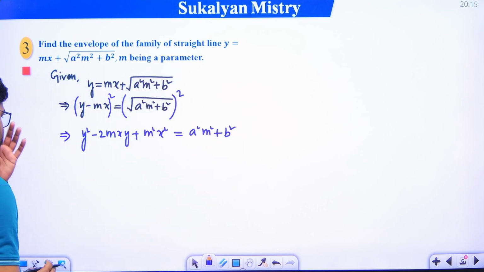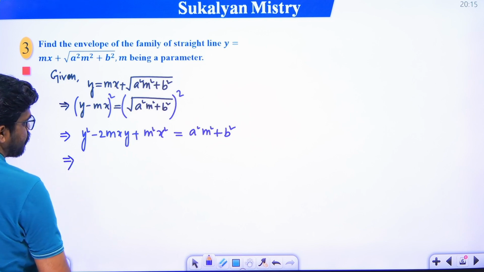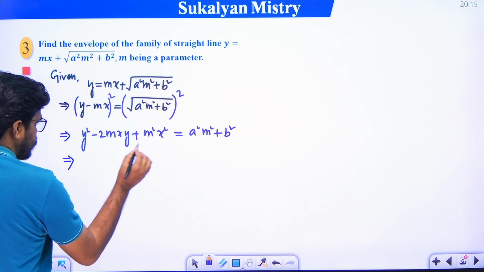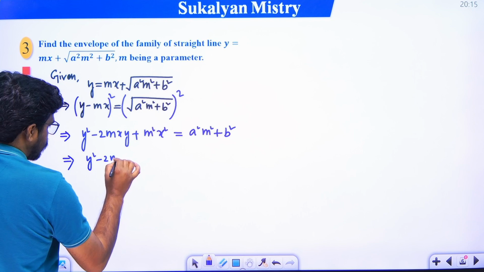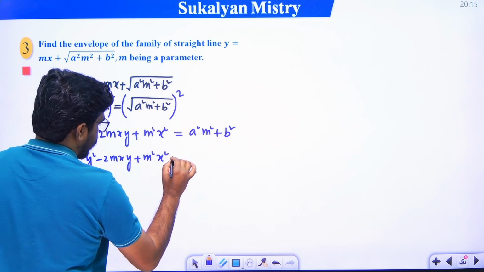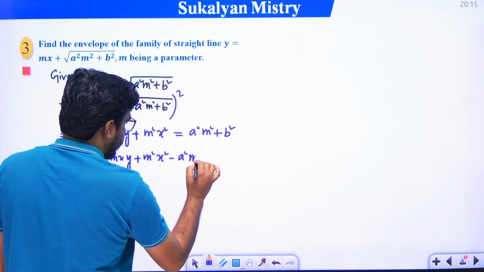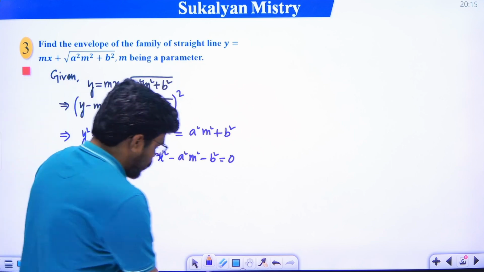So this implies y square minus 2mxy plus m square x square minus a square m square minus b square is equal to 0.